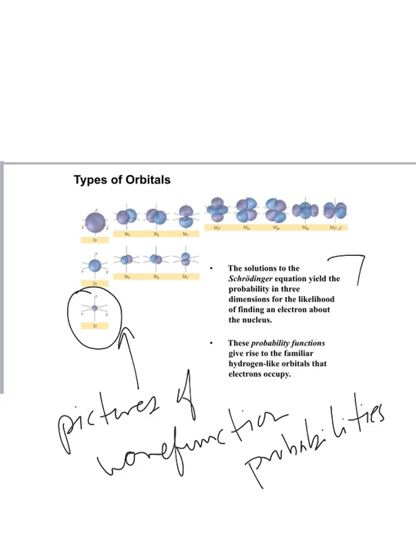What that 1s orbital represents is this: the solution to the Schrödinger equation yields the probability in 3 dimensions for the likelihood of finding an electron about the nucleus. That means if you have an electron in a 3s orbital, that little dot is where that electron spends its time. These probability functions give rise to the hydrogen-like orbitals that electrons occupy.